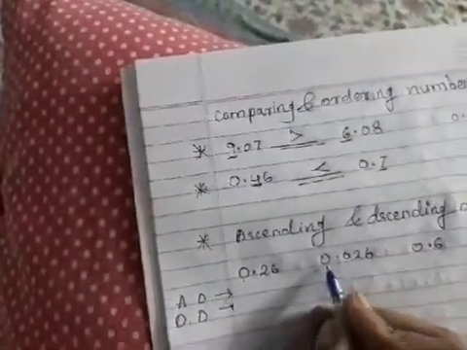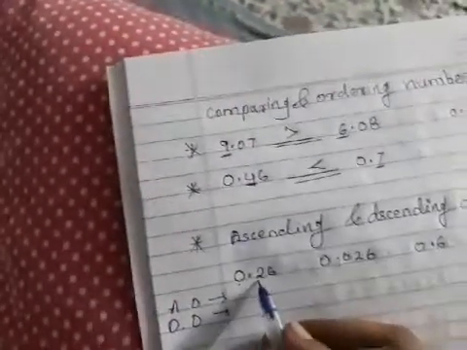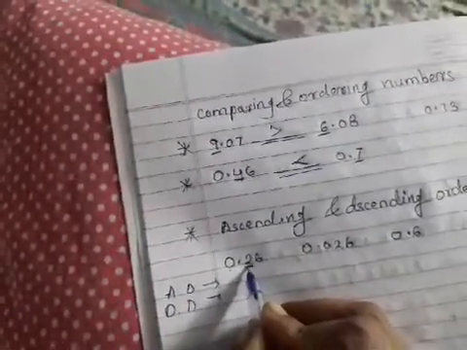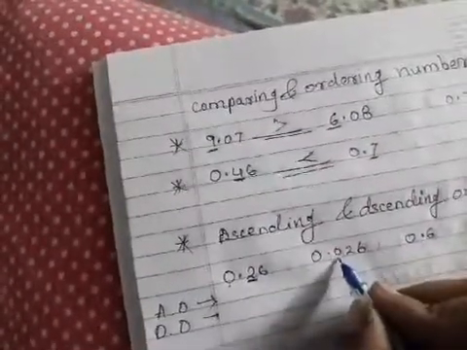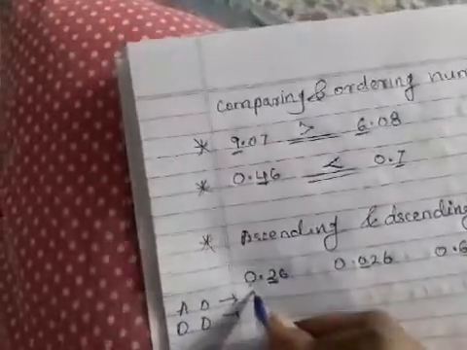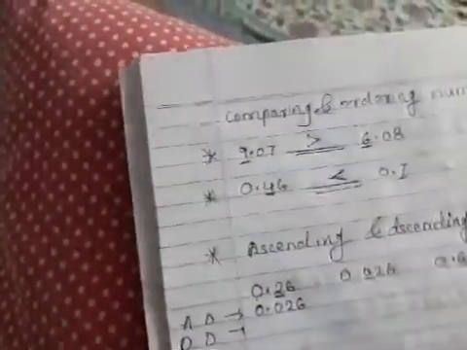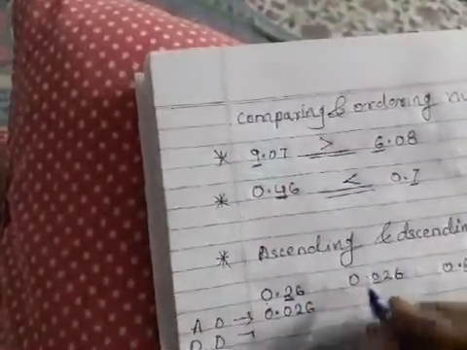Now 0 point, 0 point, 0 point, all integral parts are the same. Next, the 10th value: 2, 0, 6. So 0 is the smallest number. 0.026 is the first smallest number. Then 2 and 6, which is the smaller? 2.